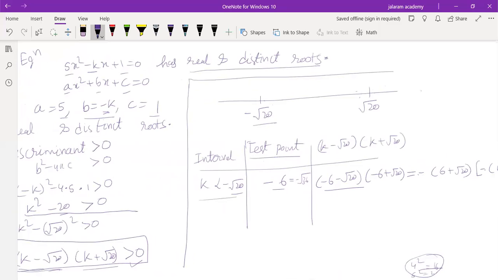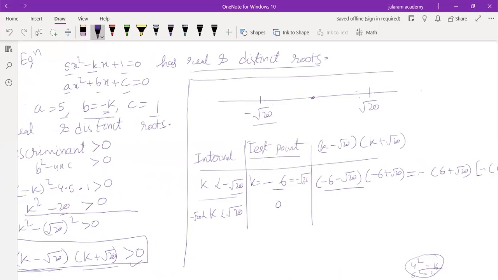Again, when we use a number which lies between these two, we can use k equals 0. In this we have to write the interval only. It means k lies between minus root 20 and plus root 20, and a number which lies between these two is 0.